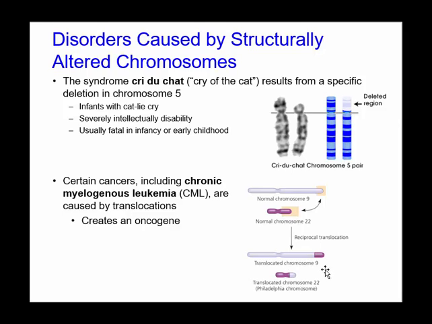You might say, well, you still have all the same genes. What's the problem? Where this swap occurs, it creates an oncogene. Remember when we talked about cancer, proto-oncogenes are really just growth factor genes doing their thing. But when they're turned on full blast, they become oncogenes. They're telling that cell, divide, divide, divide. And that's what happens here with CML.